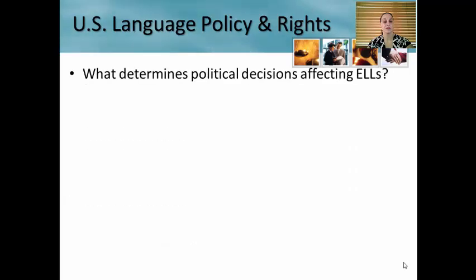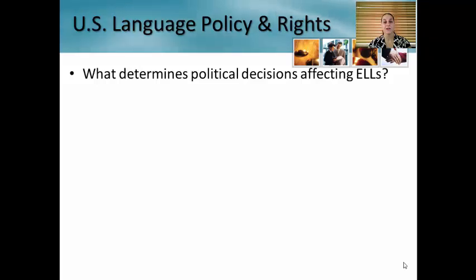Okay, so we're covering this topic today because educators who work with English language learners need to understand the history concerning language and education policies and the current legislation that affects the students you'll be teaching. Political decisions that affect ELLs are directly connected to social policy and the beliefs and ideas of those in power, as well as the attitudes and values of people surrounding immigrants and their heritage languages.